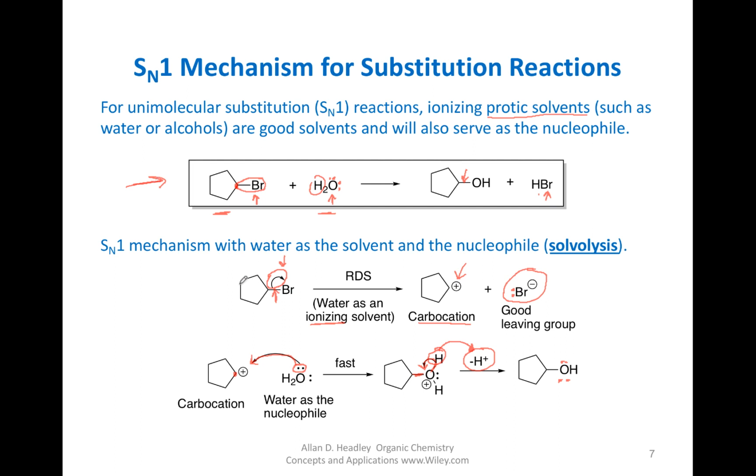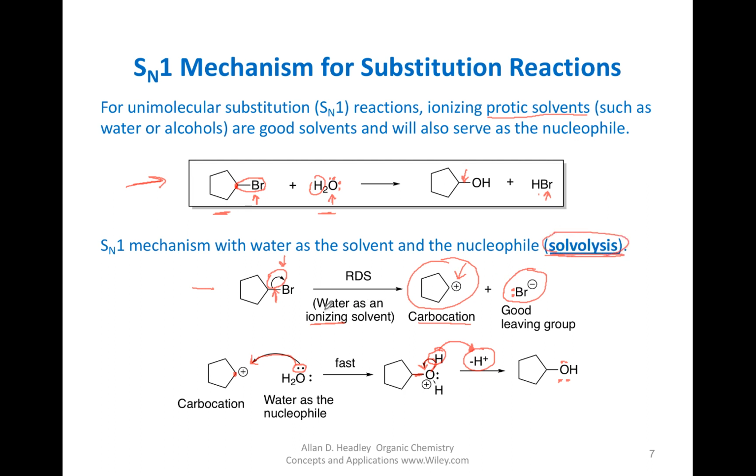It's SN1 because in the initial step we form a carbocation. Notice in the SN2 we do not form an intermediate. It's a concerted reaction, one step. This reaction is also described as solvolysis. Why?